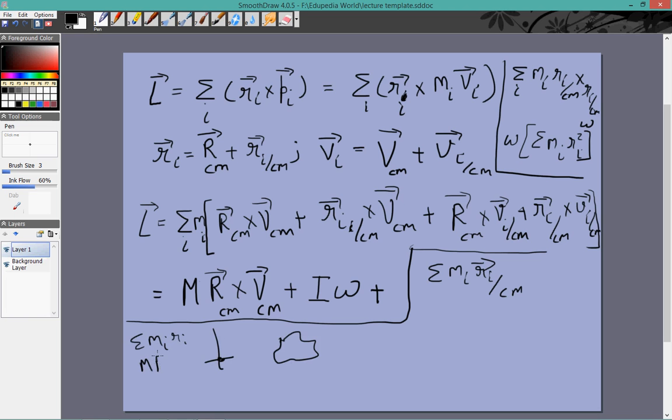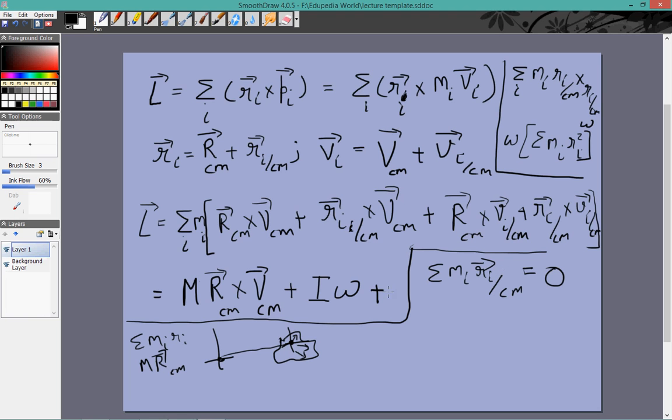That will give me M times RCM, right? That is the definition of the center of mass. So that will give me a point like this, probably the center of mass. If I take the center of mass to be the origin, that means if I am taking all positions with respect to the center of mass, the position of the center of mass is 0 at the origin, right? So Mi Ri with respect to center of mass will be 0.